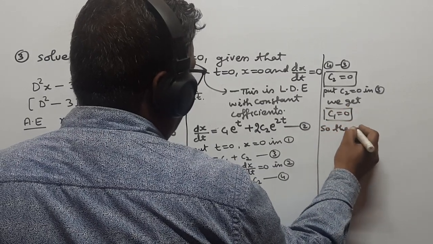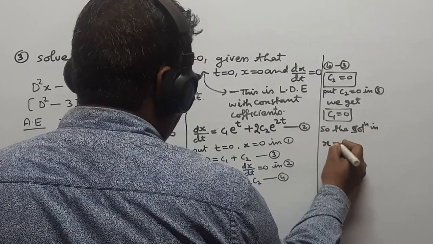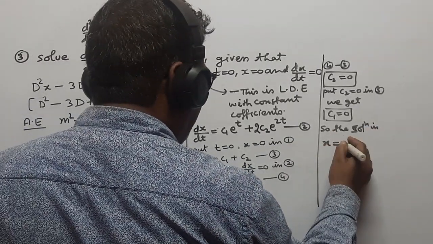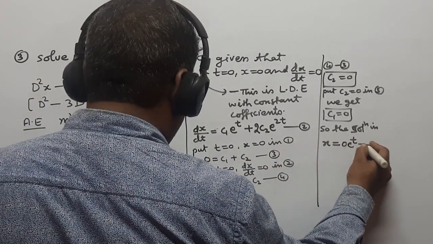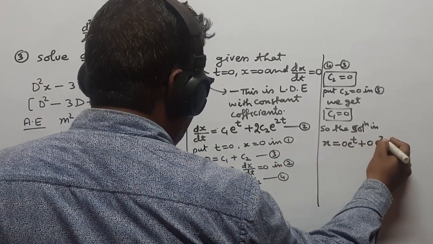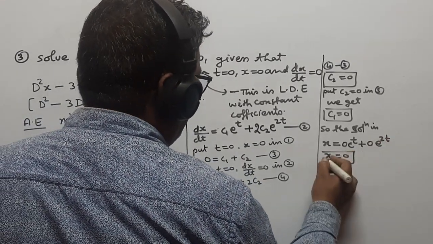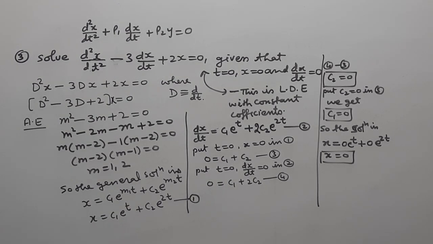So the solution is x = 0, because in place of c1 we put 0, and in place of c2 also we put 0, so we get x = 0. So x = 0 is the solution of the given differential equation.